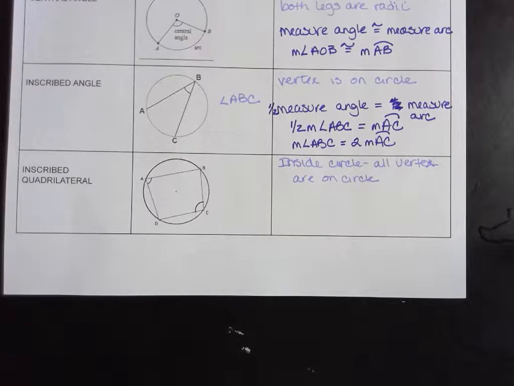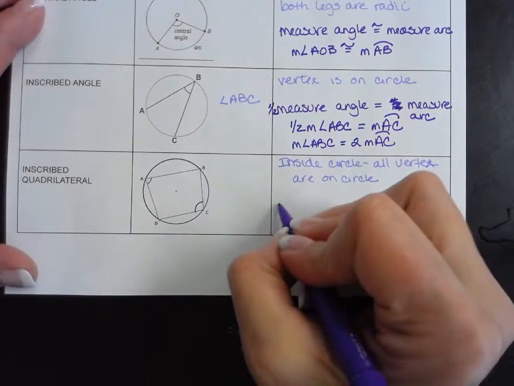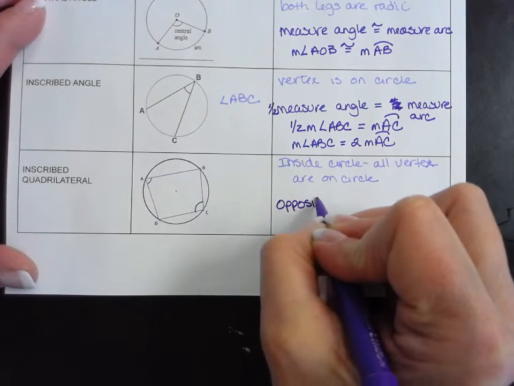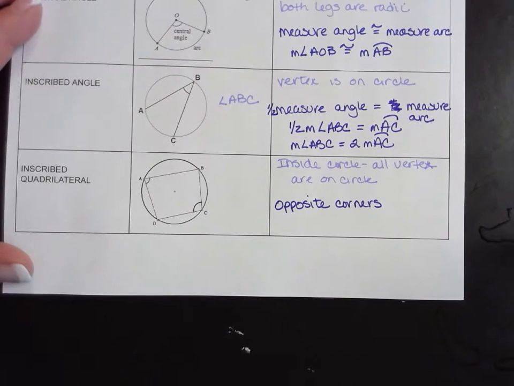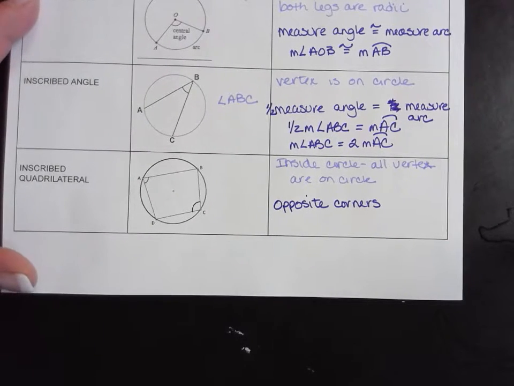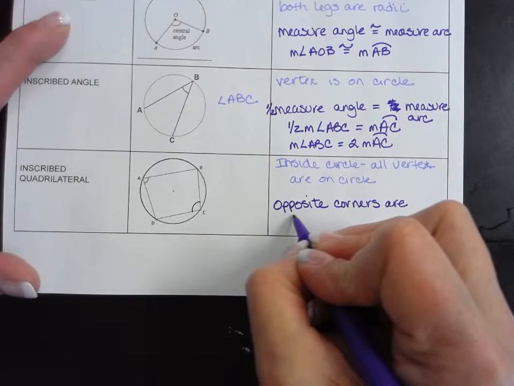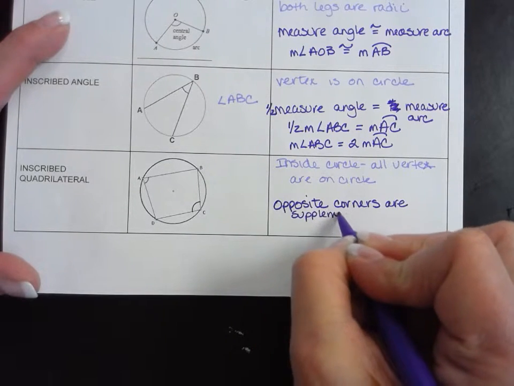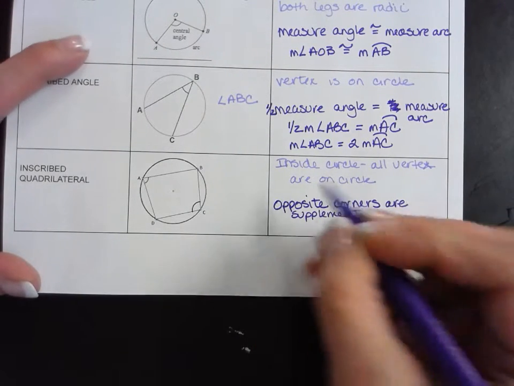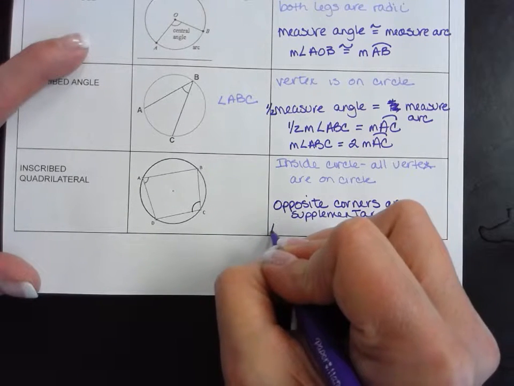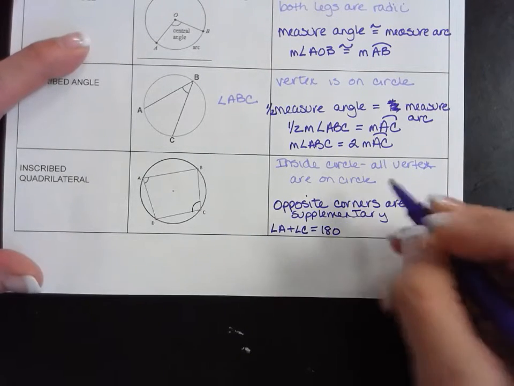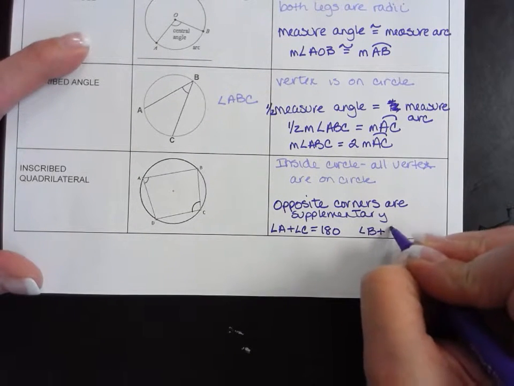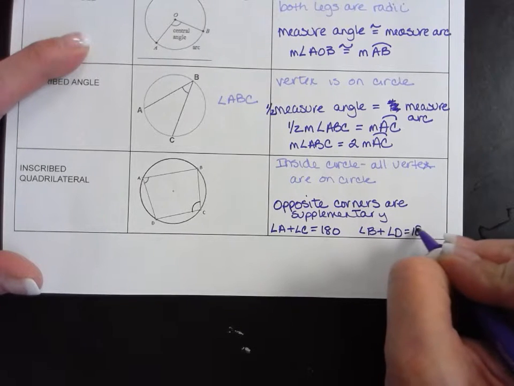Anybody remember? Something about opposite corners. Not equal, but opposite corners are supplementary, absolutely, perfect. Okay, so that means that angle A plus angle C is going to equal 180, and angle B plus angle D equals 180.